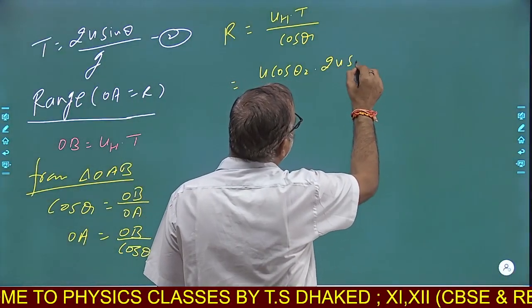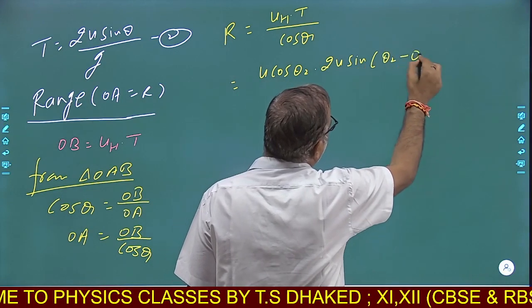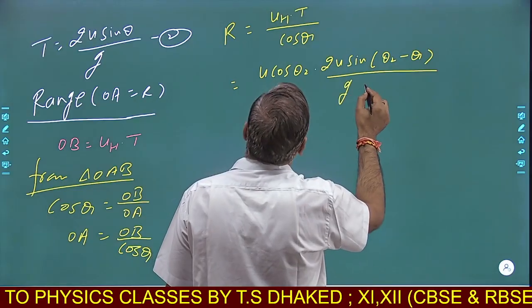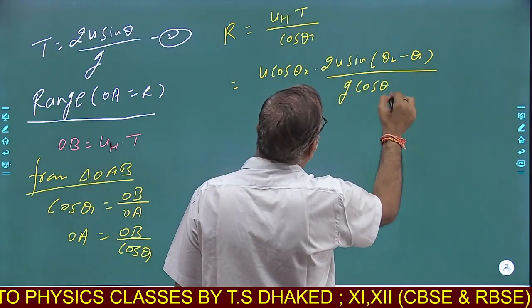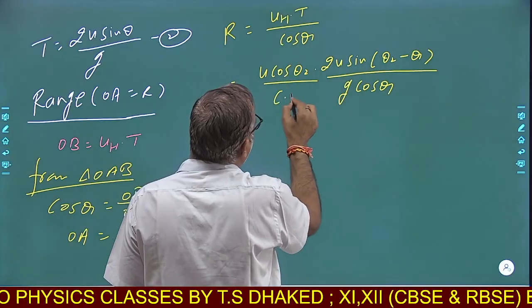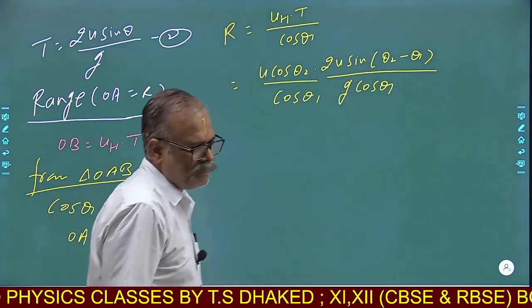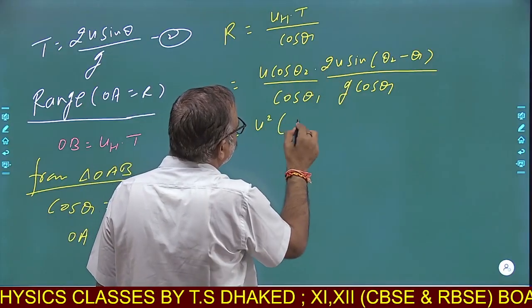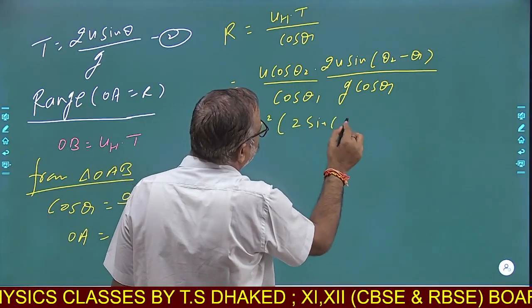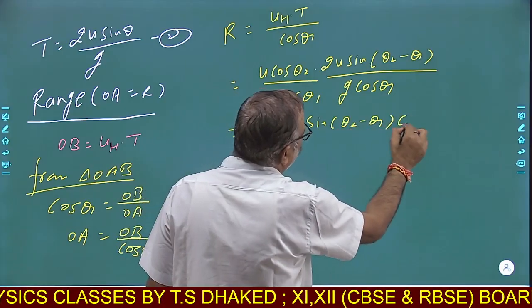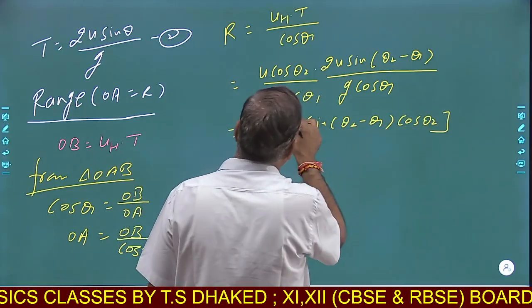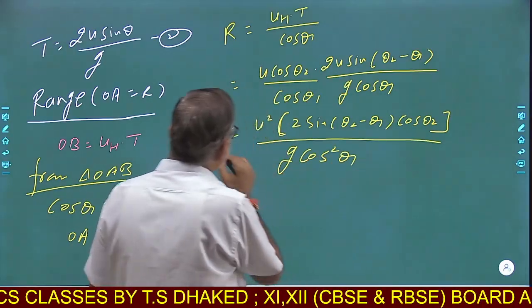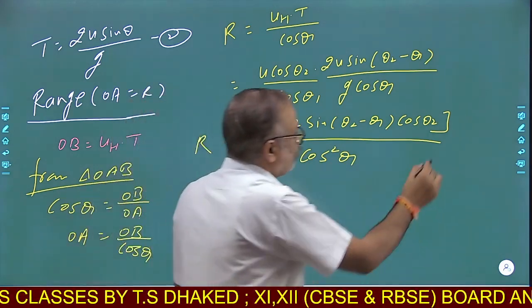So R is equal to U square twice sin of theta 2 minus theta 1 cos theta 2 upon G cos square theta 1. That's clear. Equation number 3.